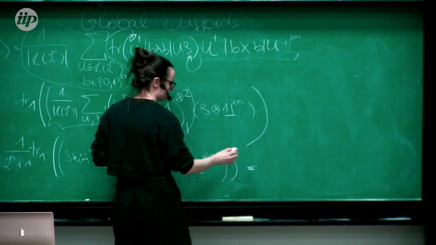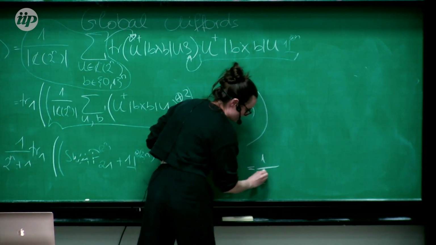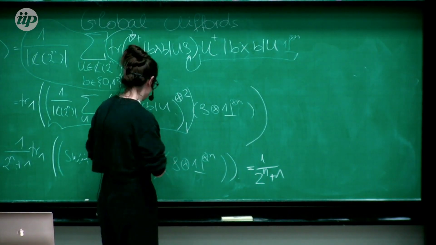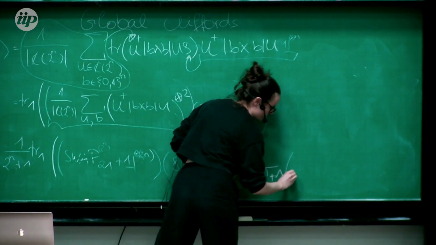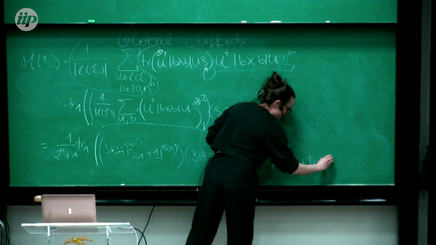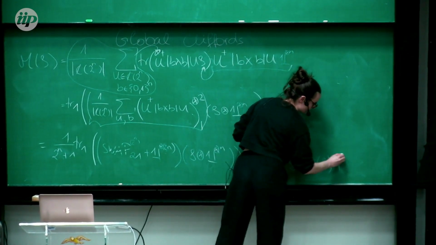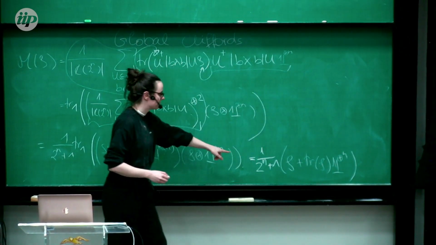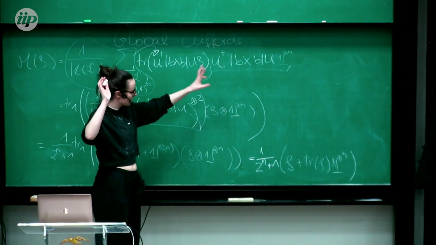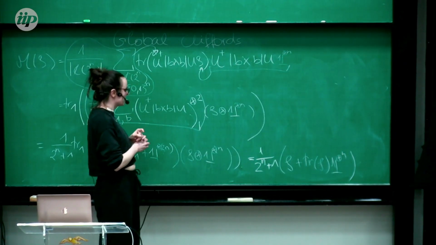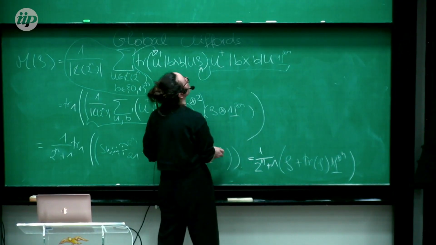This is 1 over 2 to the power of n plus 1. Can you see? Okay. Times rho plus trace of rho times identity. And now we can do the same trick as yesterday, and I don't have space to do that.